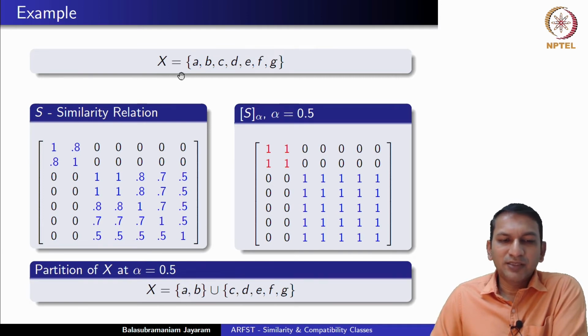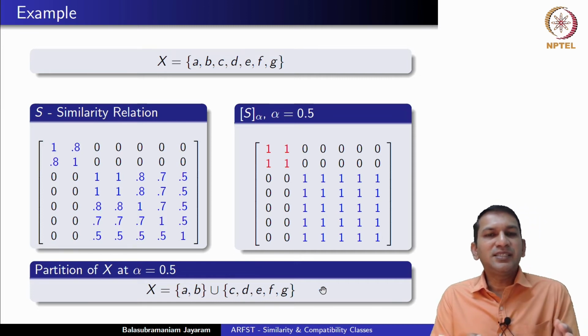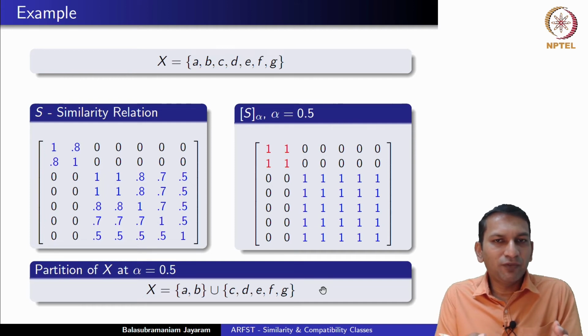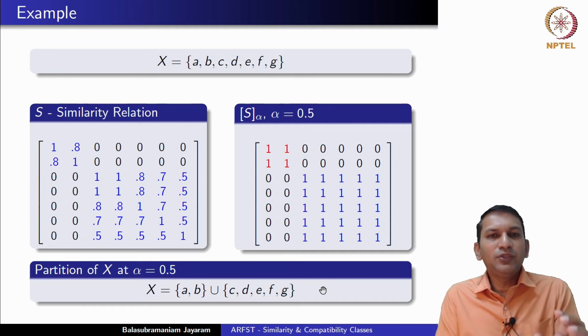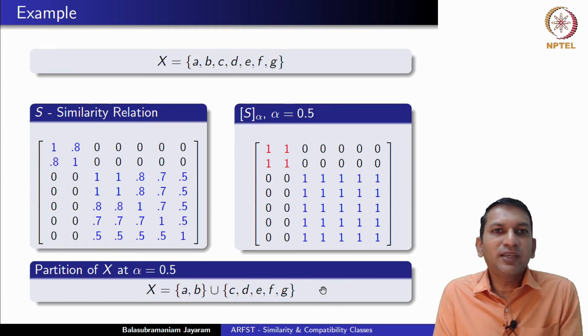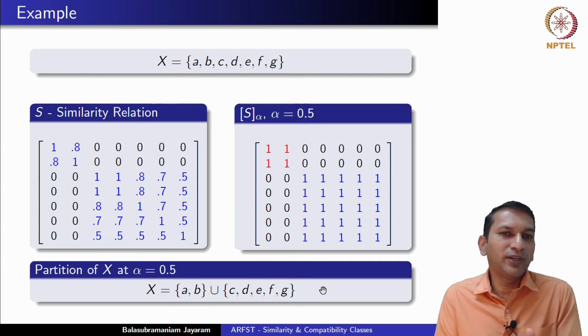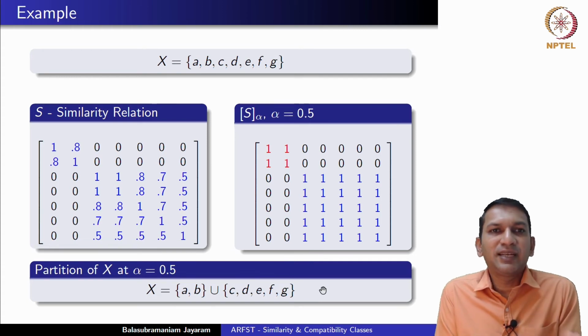Now, X consists of only these 7 elements, and we already have a partition at this resolution. This is a partition that you have got on X when all you insist is that the similarity between any 2 elements within the class should at least be 0.5. You do not care whether it is above 0.5, 0.7, 0.8. You only care that it is greater than or equal to 0.5. You don't insist on anything more.